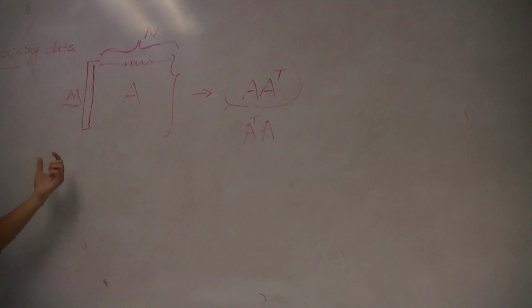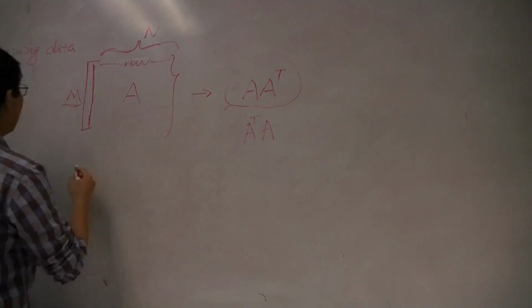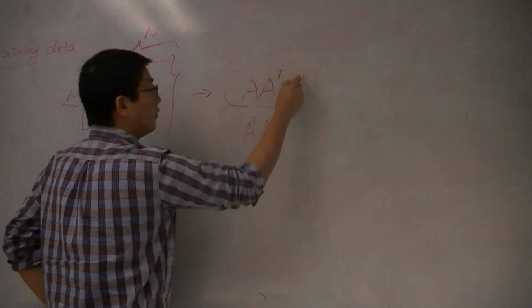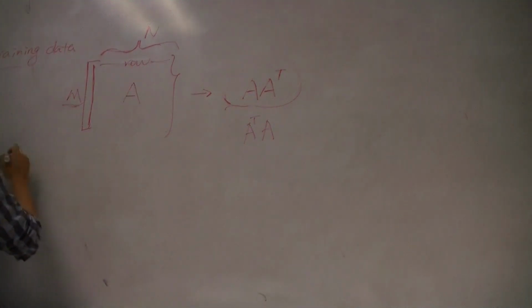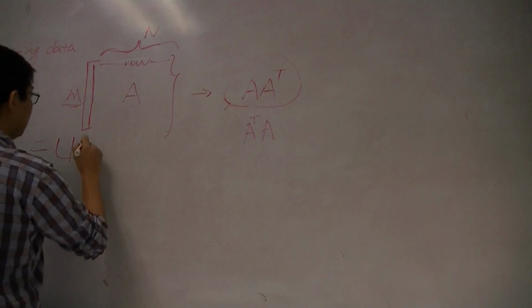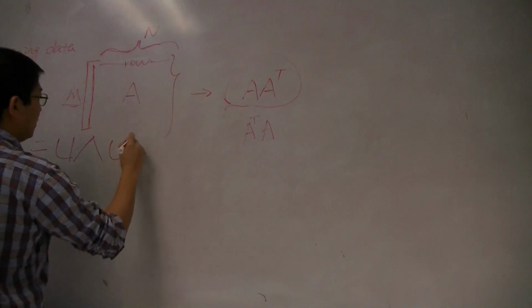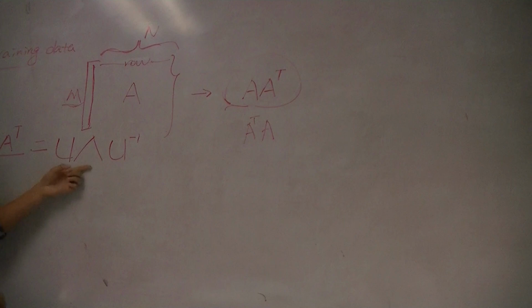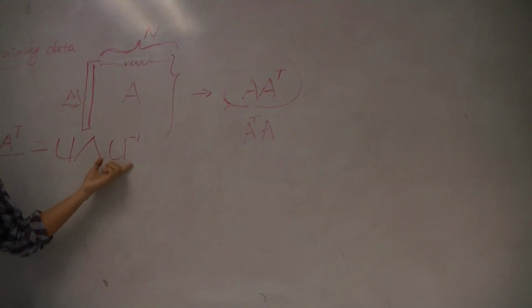By the way, for simplicity, we just consider the zero-mean case, that is, we assume we already subtracted the mean value from every column. For this covariance matrix, we would like to find the eigenvectors and the eigenvalues, and the inverse of the eigenvector matrix.